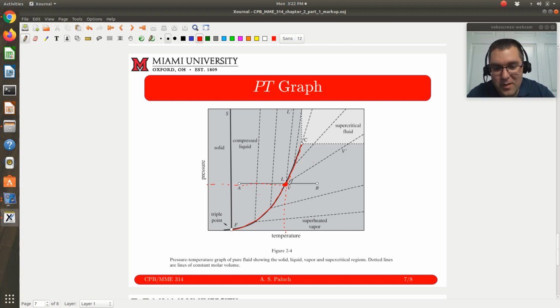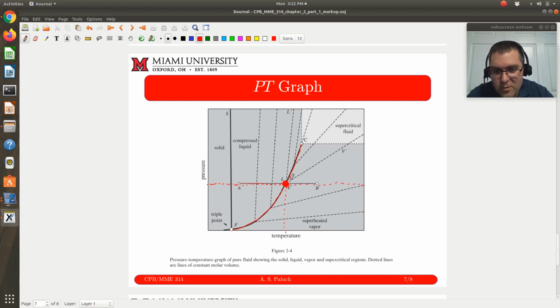How do we come up with these names? Well, let's just think. I'm at this point here on my phase diagram. So I have a system at vapor-liquid coexistence. How do I get the name compressed liquid, and how do I get subcooled liquid out of this?